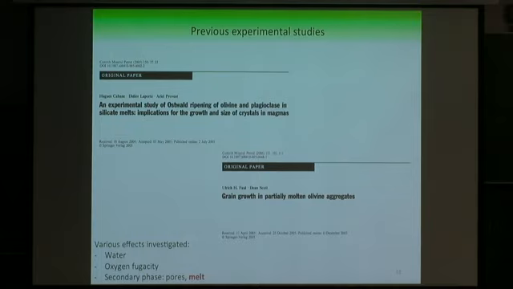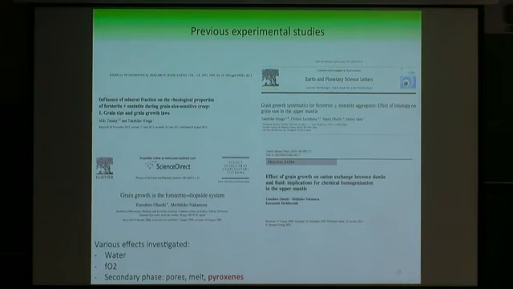And the melt effect has also been investigated. Also, one of these papers is from Faul. And the pyroxene effect, where there's a certain mechanism known as Zener pinning, has been investigated.